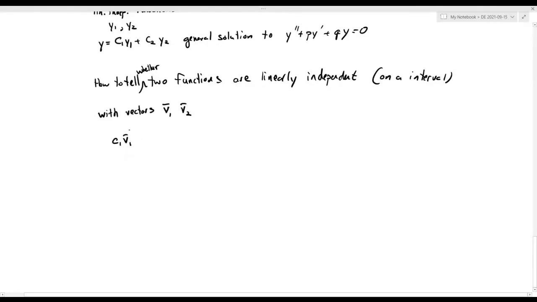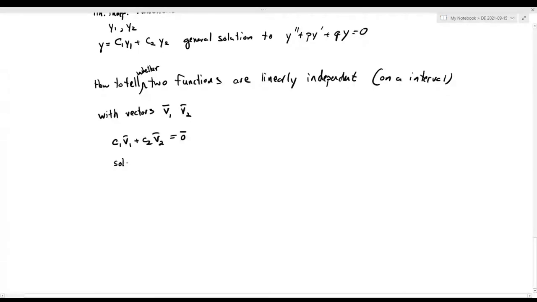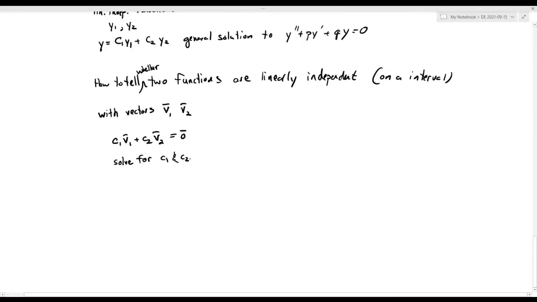With two vectors, it's kind of easy: they're dependent if one is a multiple of the other. But the general procedure for checking or testing whether two things are linearly independent is to create a linear combination of the two vectors, set that combination equal to the zero vector. Next, you would solve for C1 and C2, the scalars in that combination.